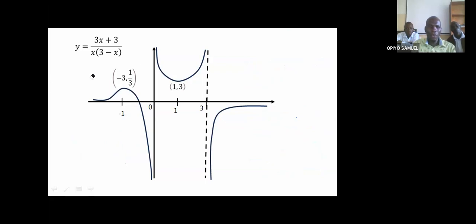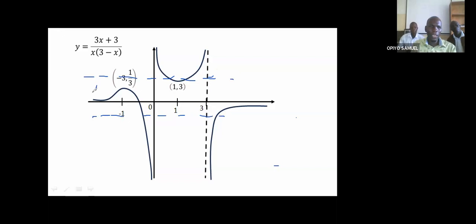Then later on, you will draw a line of asymptotes within that region on the axis. So you will draw the line of asymptotes like this. That will be for x equals 4 and x equals -1.